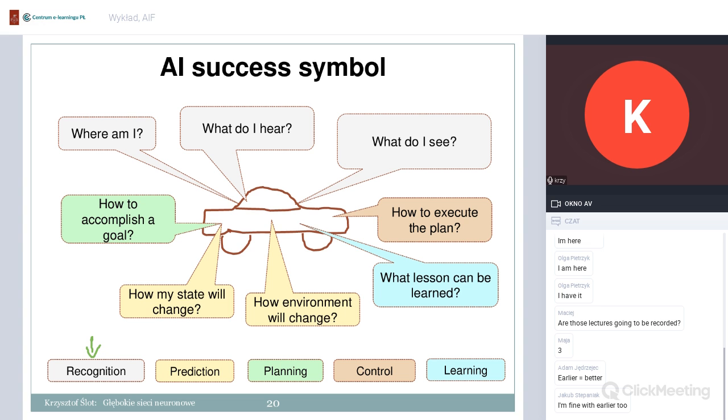If I want this car to safely travel, it needs to see, it needs to hear, and it needs to know where it is. That means it needs to recognize first visual scenes, recognize audio, what is going on in this audio channel, and it needs to localize itself. So it needs to recognize where it is in a particular moment of time.